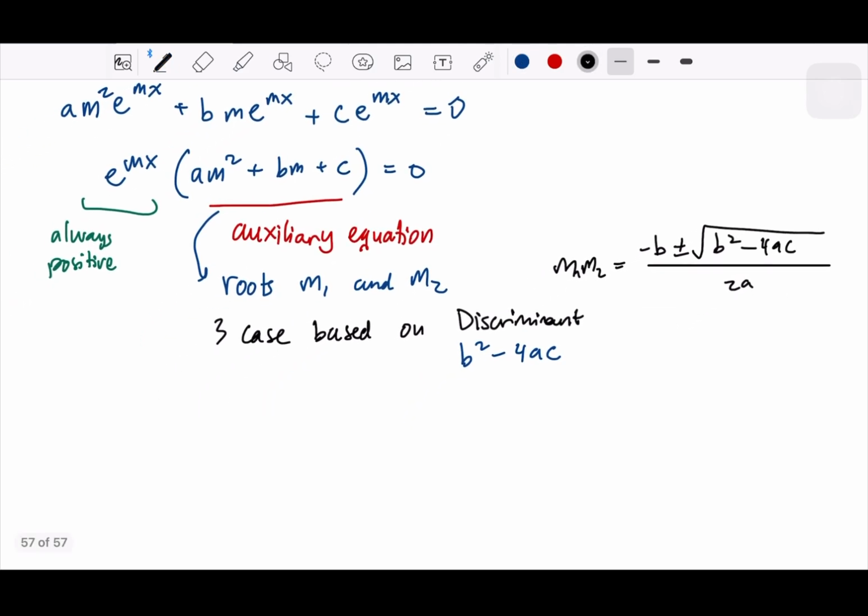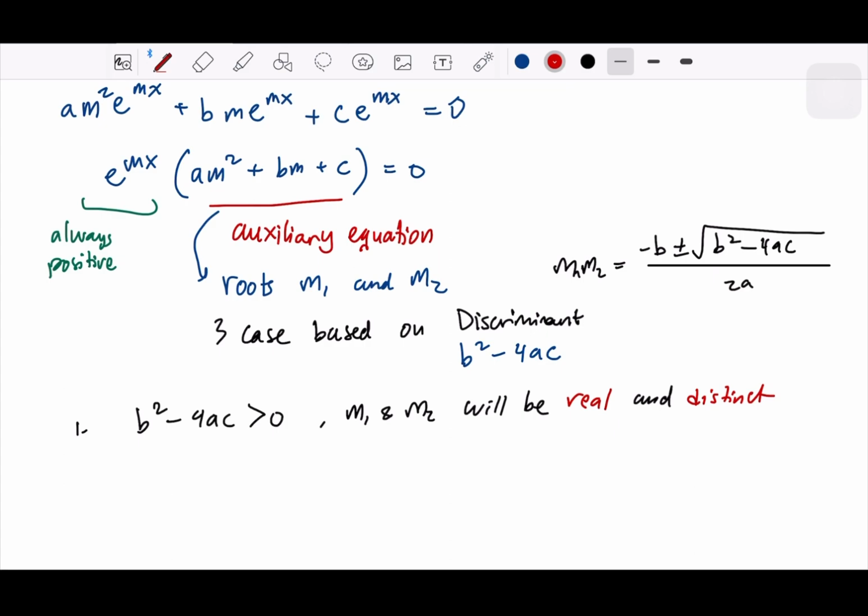So if the discriminant is positive, so the first case, b squared minus 4ac is positive, then m1 and m2 will be real and distinct. Distinct means they are different values, different numbers. And then you can also have the case when it's equal to 0.